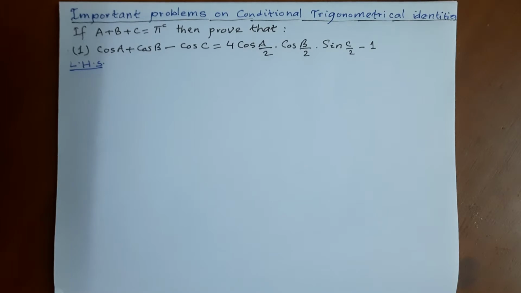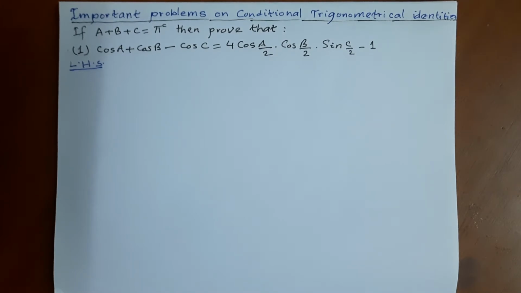So now, without delay, I will start today's topic: important problems on conditional trigonometrical identities. Many students find these difficult because initially you are not habituated to using many formulas which you have learned in the previous exercise.